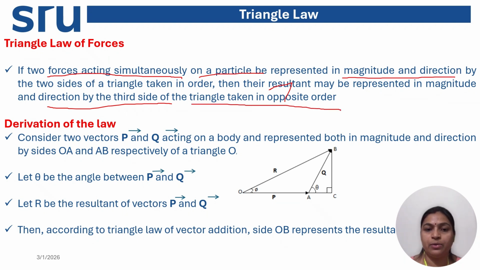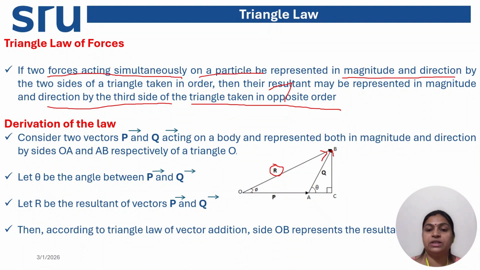Here OA is represented by the vector P, and the other vector, A to B, represents vector Q. Then the third side, BO, represents R, our resultant vector, and its direction is this. So it is in reverse order.